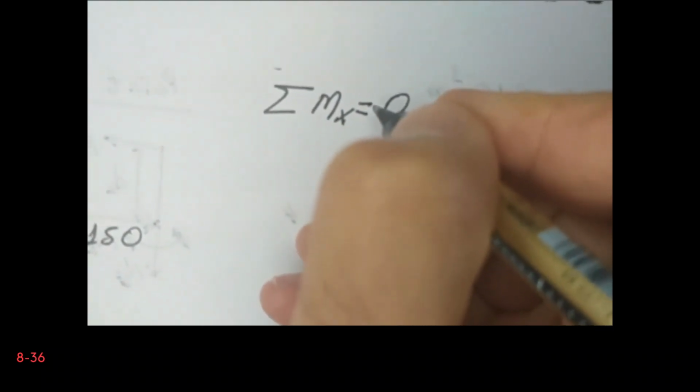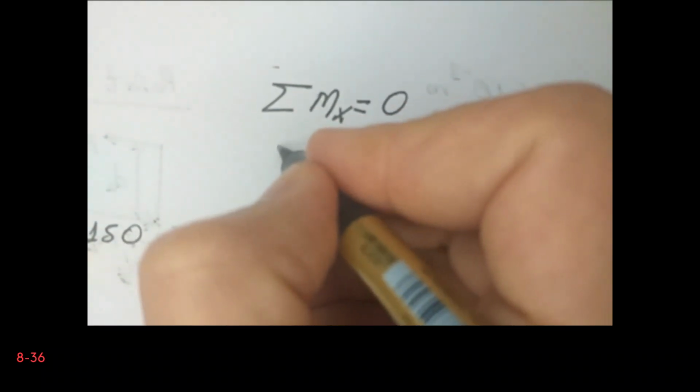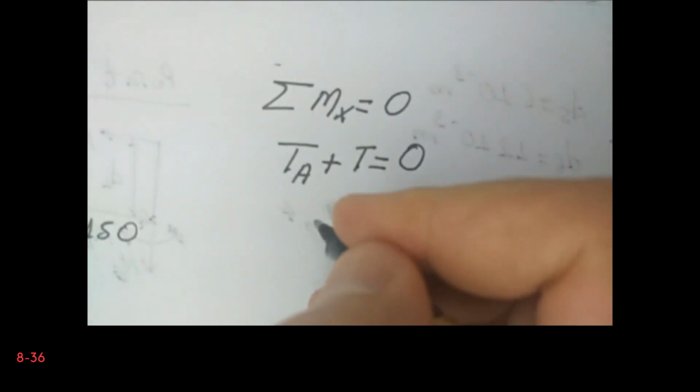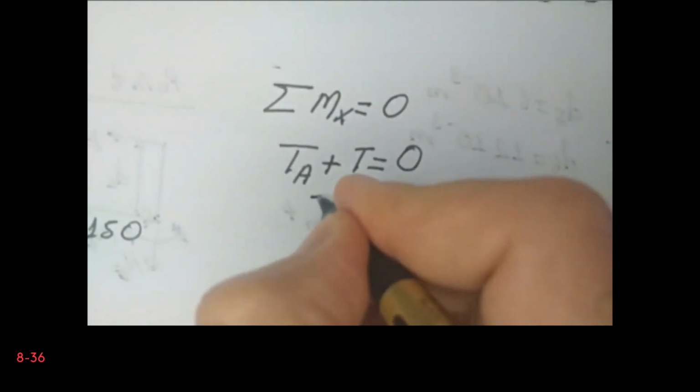Now in X direction we have the torque applied by the drill and the reaction coming from the wall. We choose both of them in the same direction, so TA is equal to minus T, and that is equal to minus 20 Newton meters.